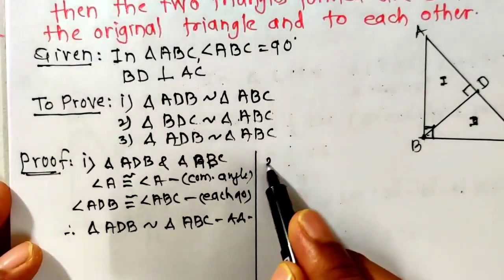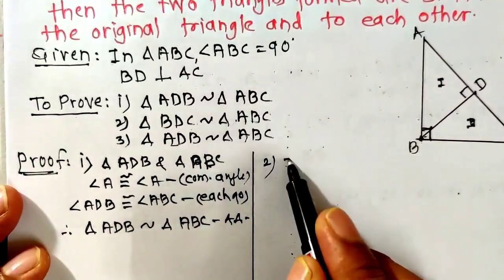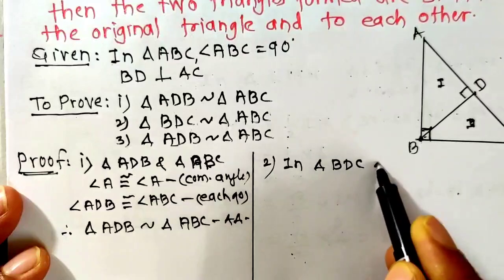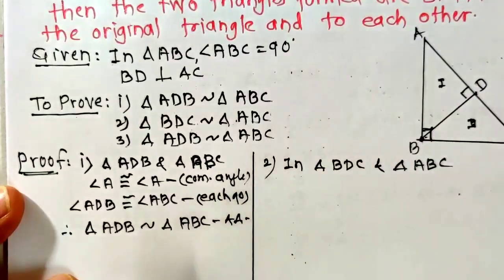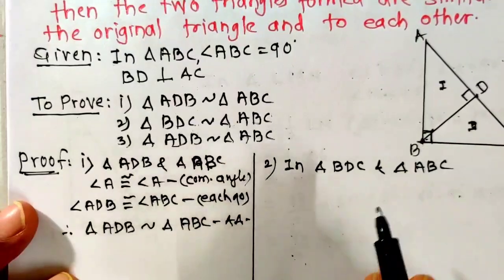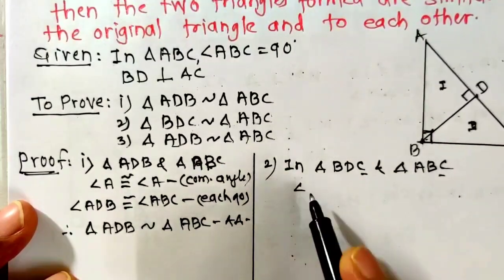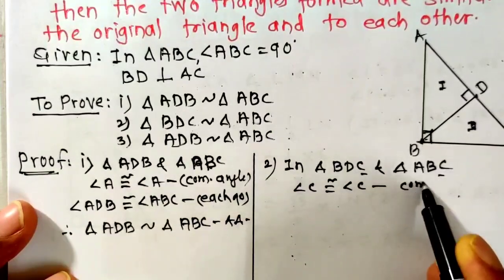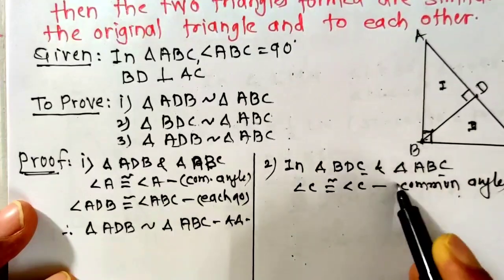Same thing here, in the second step we can prove BDC and ABC. In triangle BDC and triangle ABC, again C is the common vertex, so angle C is congruent to angle C. This is the common angle for both triangles.